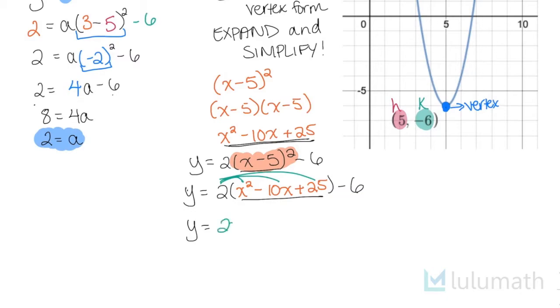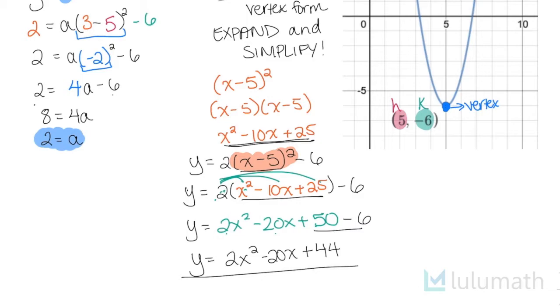So I end up getting 2x squared minus 20x plus 50, because 2 times x squared is 2x squared, 2 times negative 10x is negative 20x, and 2 times 25 is 50. I will copy down this minus 6. The 50 minus 6 go together and they give us positive 44. So my final equation is y equals 2x squared minus 20x plus 44.